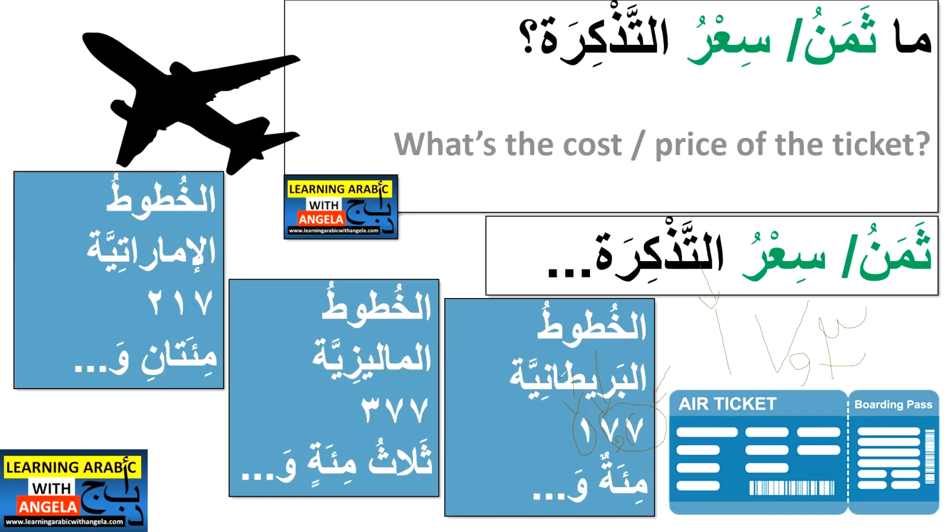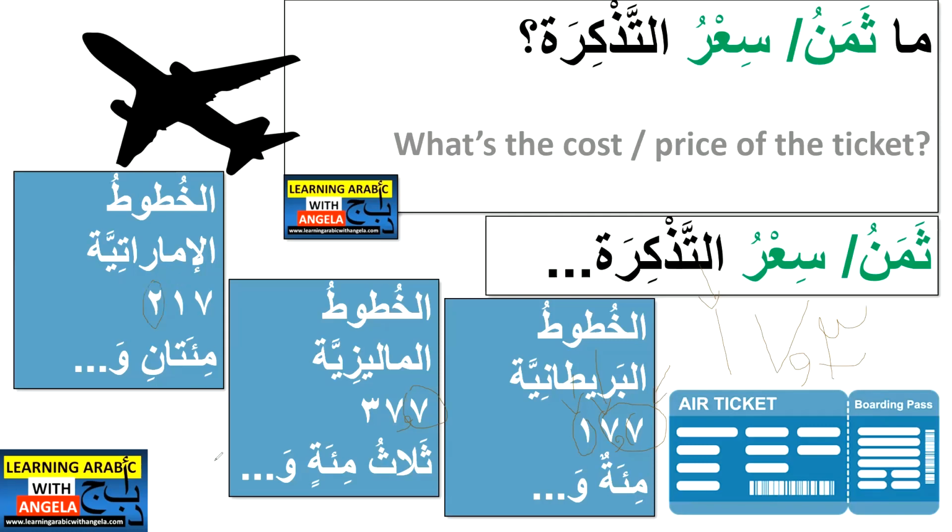So على الخطوط الماليزية, for example, 300. So 100 is 100. 300 is 300. 307. So we start with the ones first. وسبعون and 70, literally. على الخطوط الإماراتية, Emirates Airlines 200.